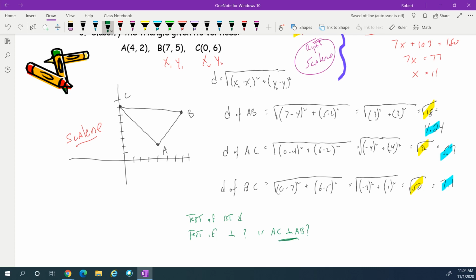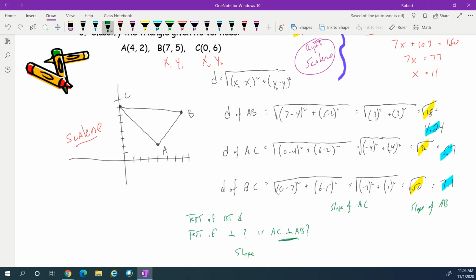That's what we want to find out now. And how would we do that? Slope. So let's find the slope of AC and the slope of AB.